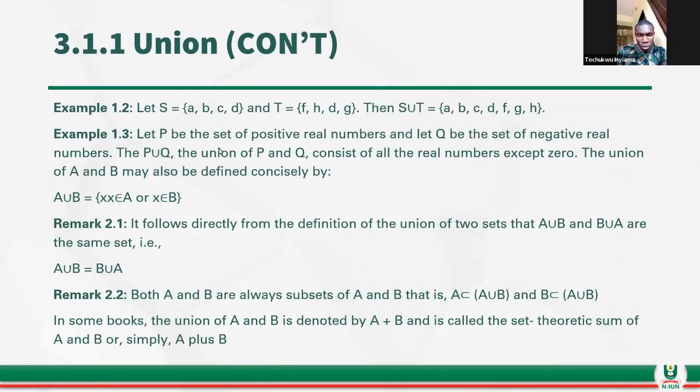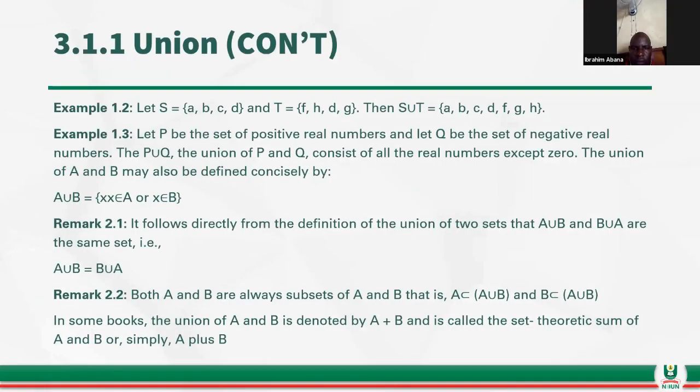Now, likewise, you can also have another example. P, the set of positive real numbers, and Q, the set of negative real numbers. The union of the two, P union Q, consists of all real numbers except 0.